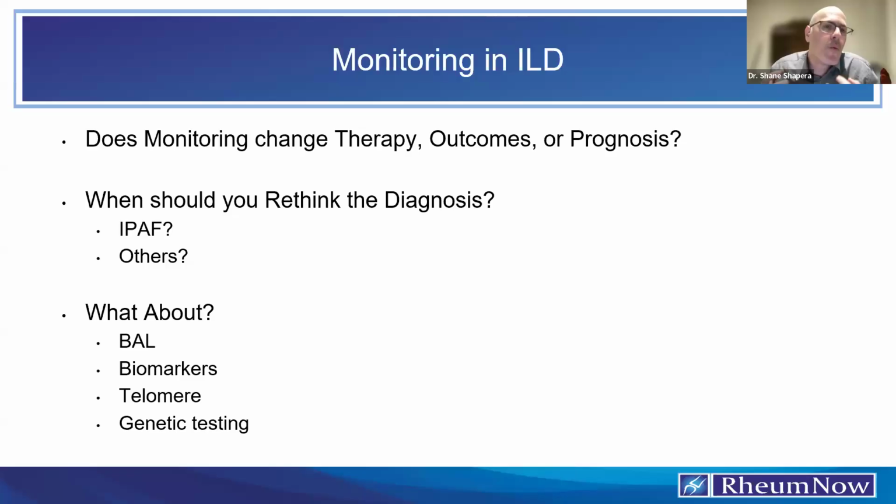And people don't realize things like the InBuild trial of nintedanib was actually the biggest prospective RA-ILD trial that had ever been done. It had I think 160 RA-ILD patients, and it was a positive study, and different SARD ILDs didn't differ in their outcomes. So I think we have treatments that are effective.